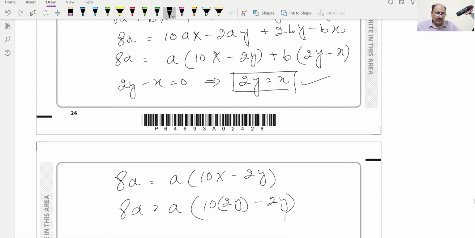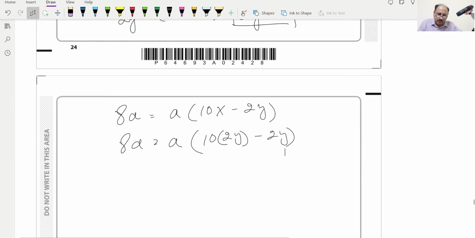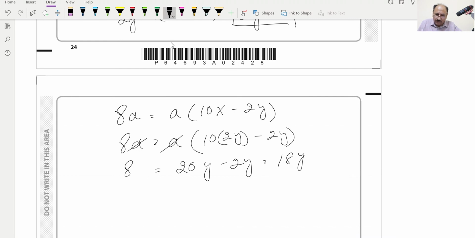So we can cancel a from here, and remaining will be 20y minus 2y, which is equal to 18y. So this implies y is equal to 8 over 18, which is equal to 4 over 9.